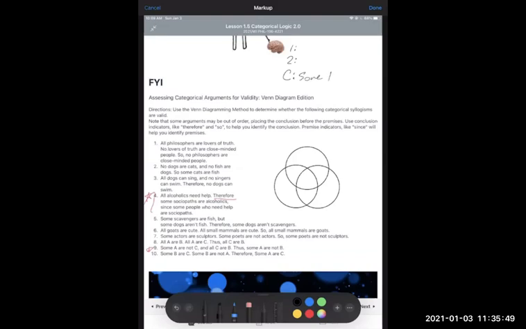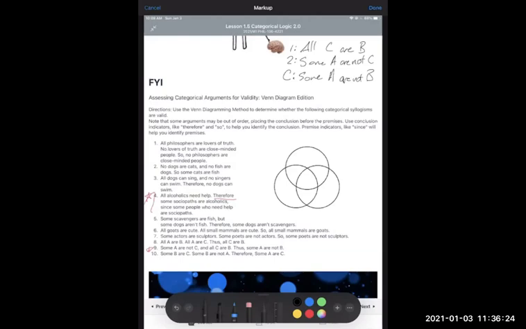Some A are not B. And we need the subject category A to be in premise 2, which means that some A are not C goes there. Okay, which means that the other one, all C are B, is premise 1.